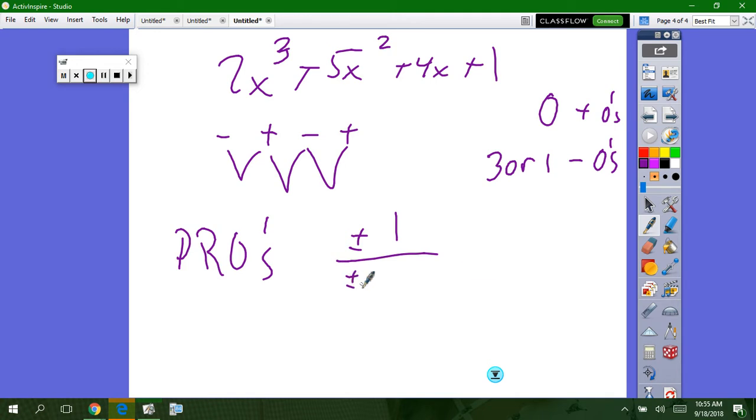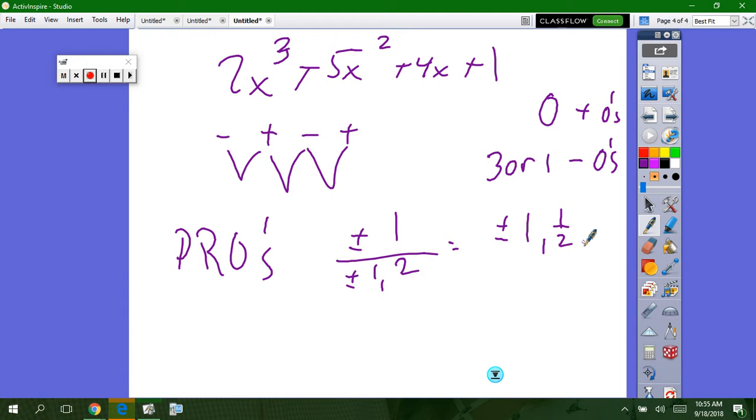So I have plus or minus 1 and 2, don't I? So what are my possible rational zeros? I have 1 divided by 1, which is plus or minus 1. What's my other choice? 1 divided by 2.